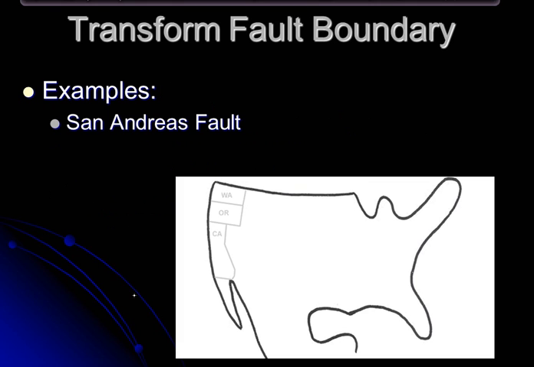An example of this is the San Andreas Fault in California, right up through here, that basically splits Los Angeles and San Francisco. And as you see, this plate is rotating up this way. See how they're transforming? They're sliding past each other here with these two arrows.